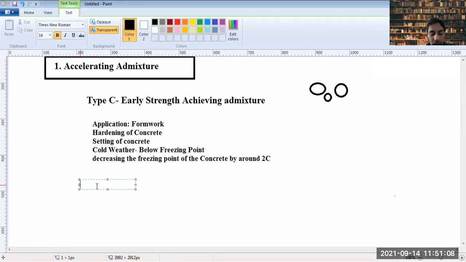Now, how does the strength increase? What are the different types of admixtures which are accelerating? Calcium chloride is one.